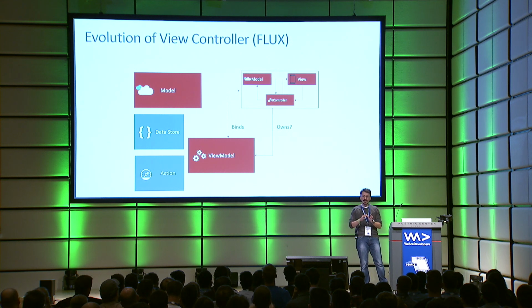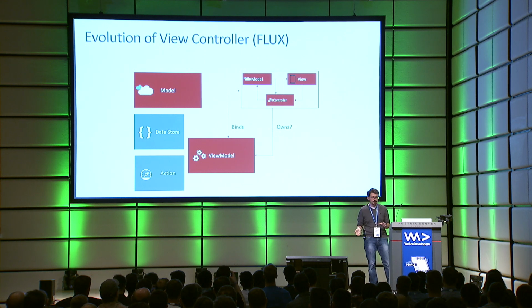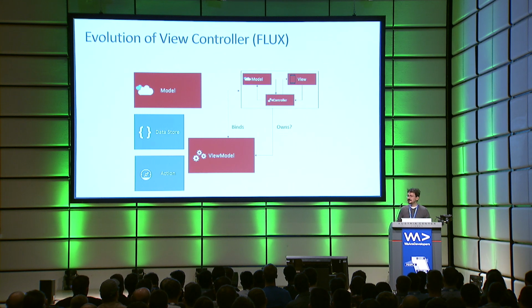So for example, if you have a whole personnel management system, this data store can be just a user store, basically, dealing with the current user or the associated users. And actions is basically the representation of the commands on the view model side.